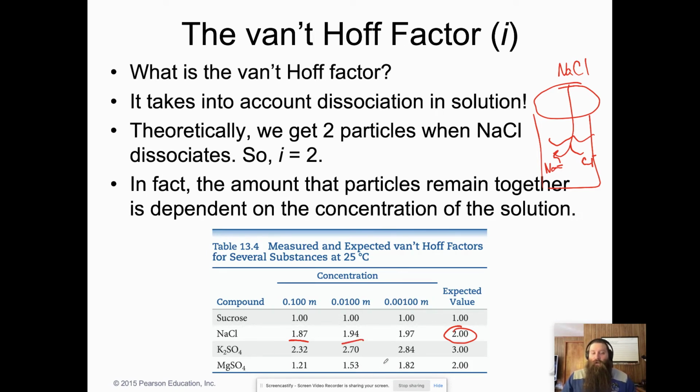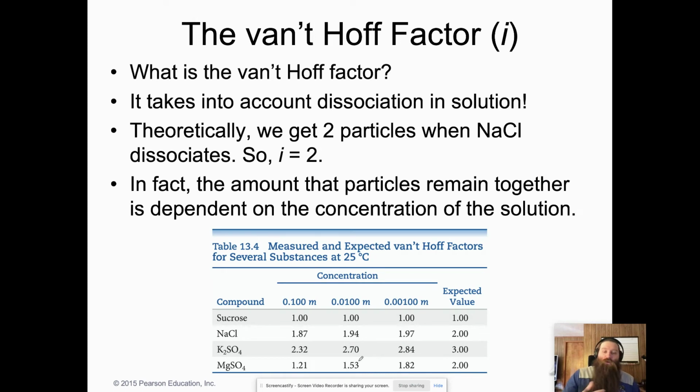At 0.01 we get 1.94. At 0.001 we get 1.97. We don't get quite 2. Some of them stay crystallized, counterbalancing the dissociation, and so we have to adjust for that. That's what Van Hoff factors do.